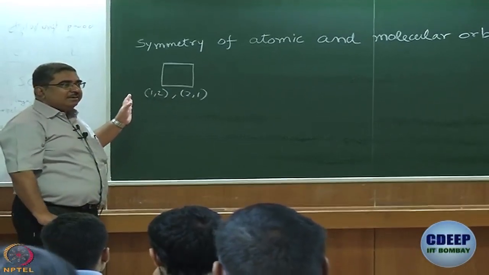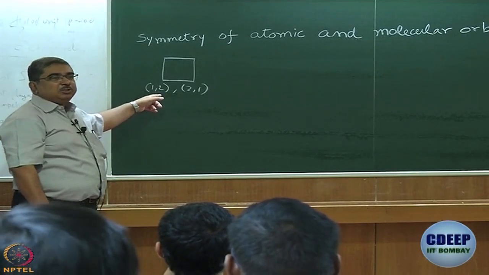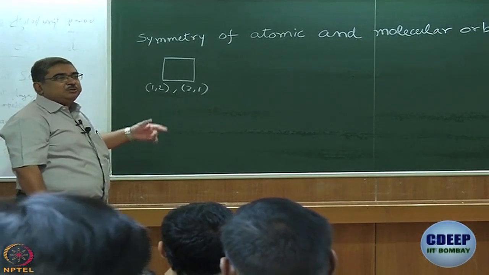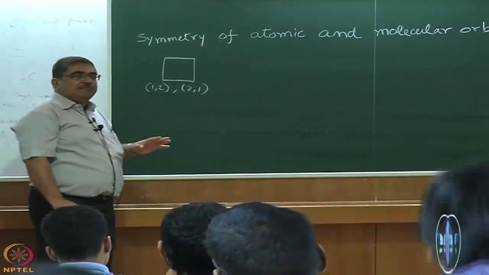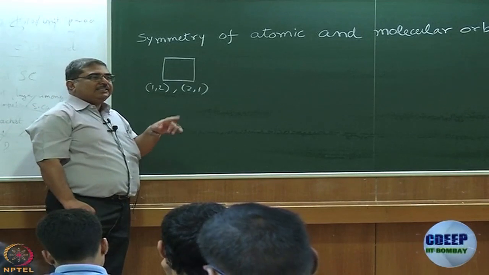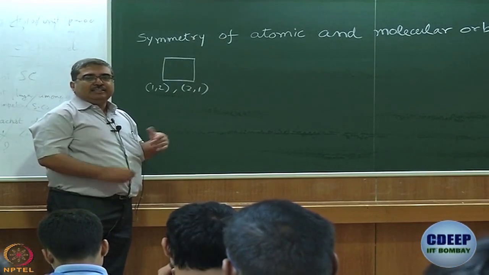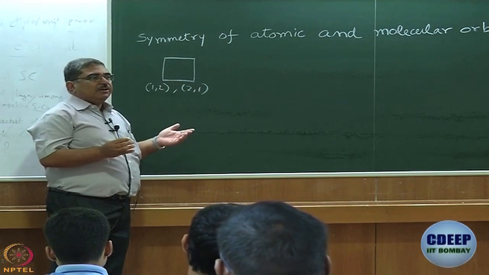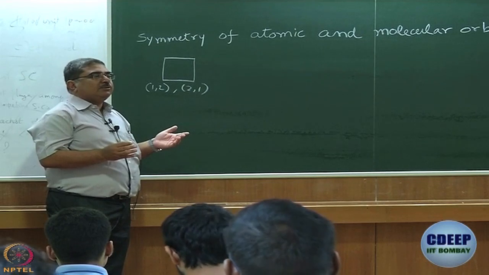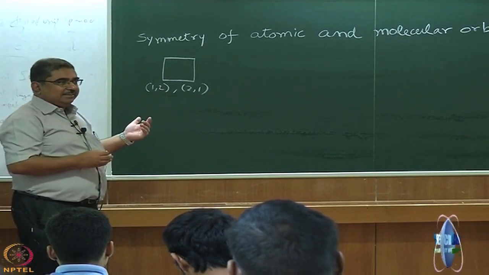Do we remember? Nx equal to 1, Ny equal to 2 and Nx equal to 2, Ny equal to 1. These two states have the same energy because it is Nx square by Lx square plus Ny square by Ly square. In this case Lx is equal to Ly. So, both can be equated to L square and you can take it outside the bracket.